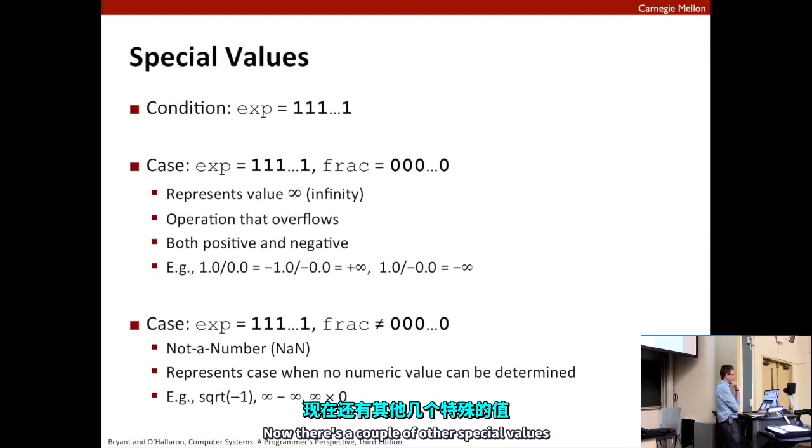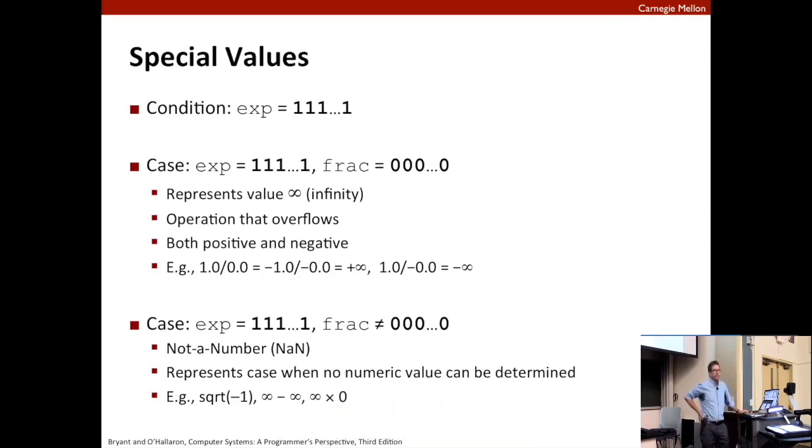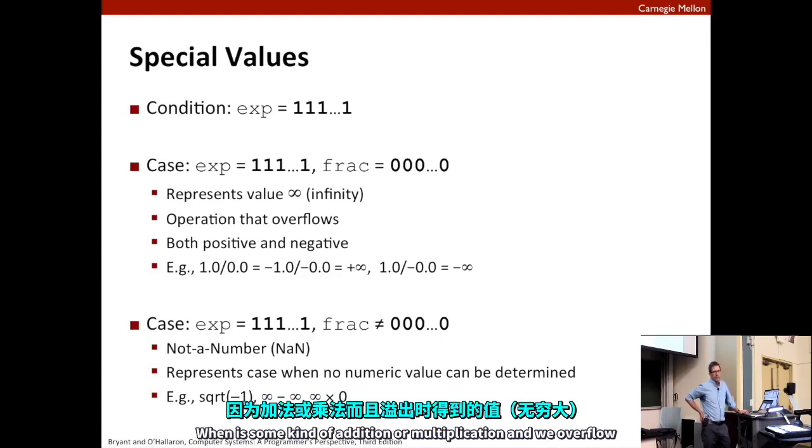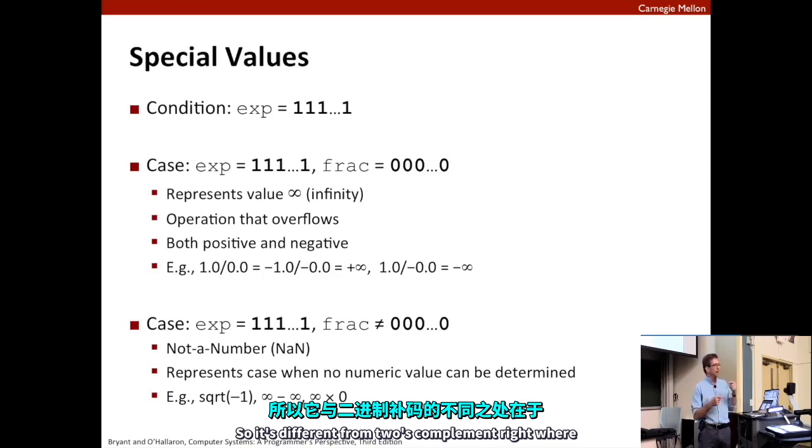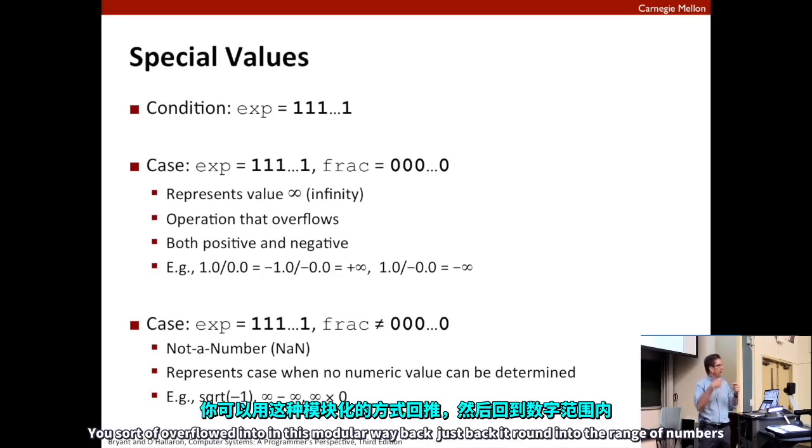Now there's a couple of other special values. When exp is all 1s and the frac is all 0s, this represents the value infinity. This is a value that we get when we do some kind of addition or multiplication and we overflow. So floating point always overflows to this special value called infinity, either positive or negative infinity. It's different from 2's complement, where you overflowed in a modular way back around into the range of numbers.